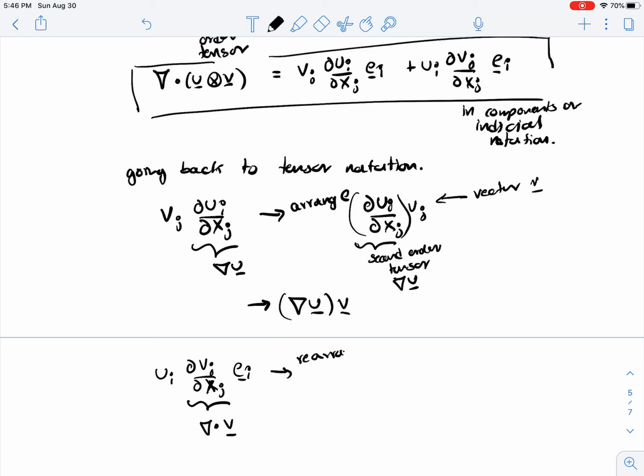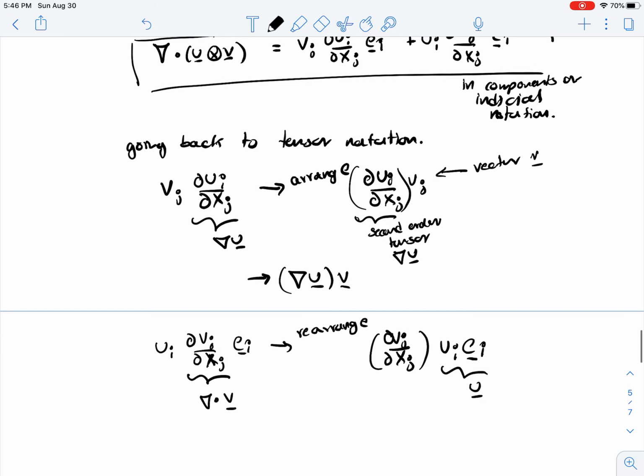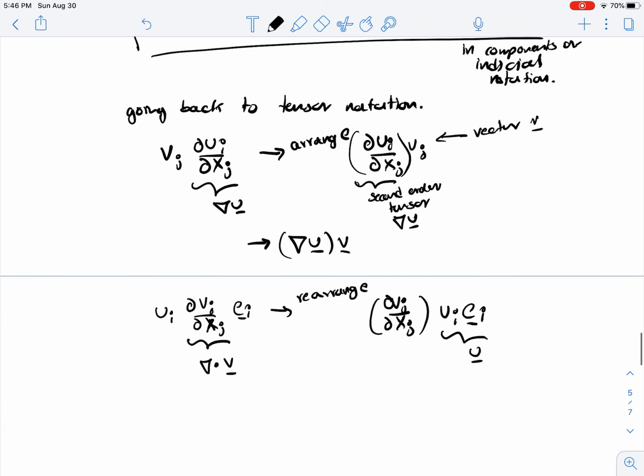It's the divergence of V, and what is it scaling? If you rearrange a little bit, this will be dvj dxj multiplying ui ei. So this is the vector u. This is nothing more than the divergence of V scaling the vector u.